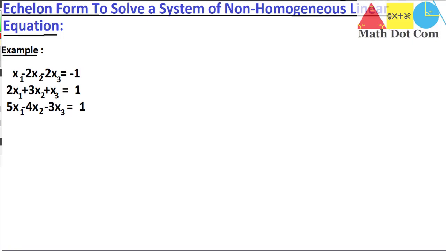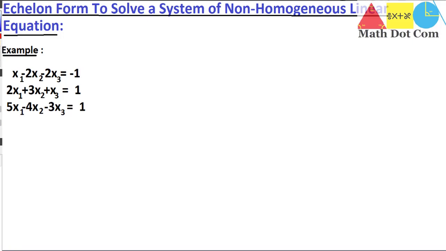So today we are going to learn how you can use an echelon form to solve a system of non-homogeneous linear equations. Here we have an example of a system of linear equations in terms of three variables x1, x2 and x3, and we have to convert this system into an echelon form. And what is echelon form?